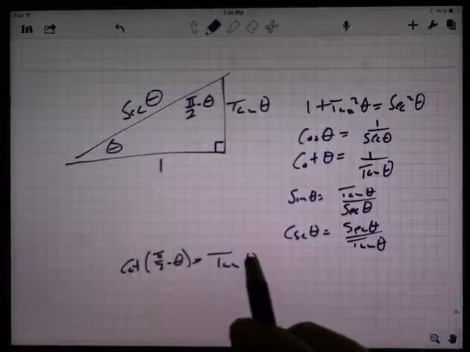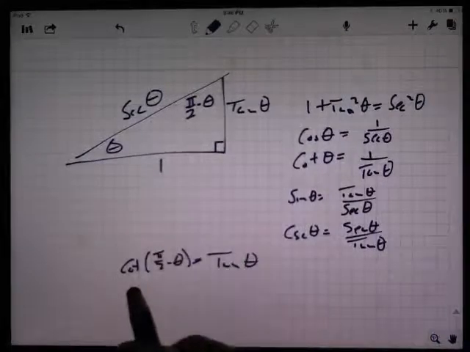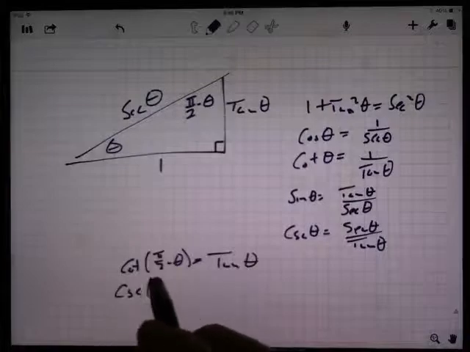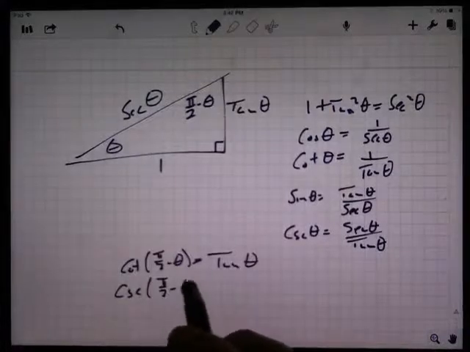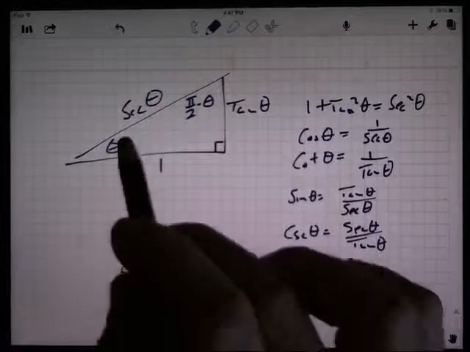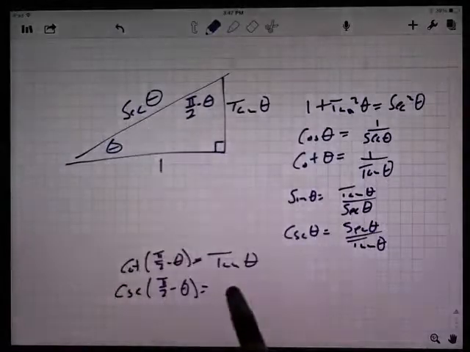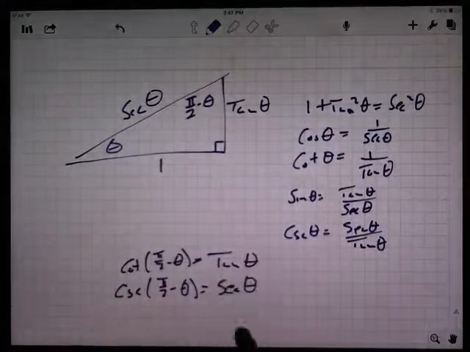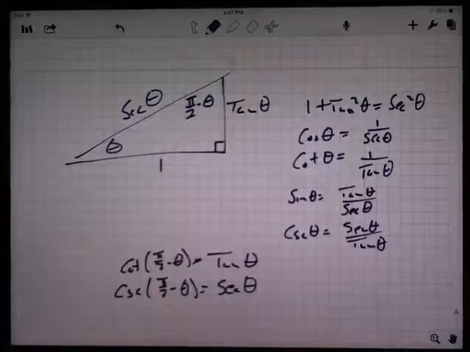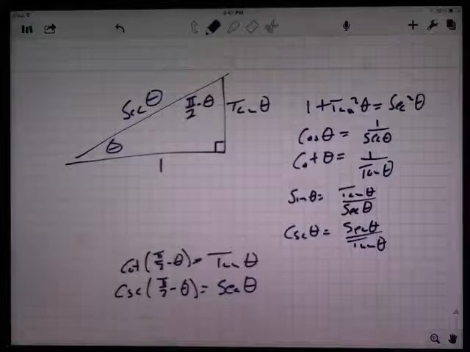It's the tangent theta divided by 1. I can see that the cosecant of pi over 2 minus theta is the hypotenuse divided by the opposite side, which would be secant of theta divided by 1. So there's a couple more of the cofunction identities that we saw early on in the quarter.